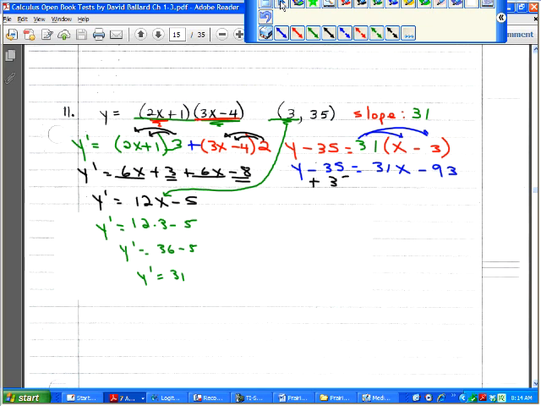Undo subtraction by addition. We'll get y is equal to 31x, and then we're going to have minus 58. 58, thank you. Missed that one. Minus 58.